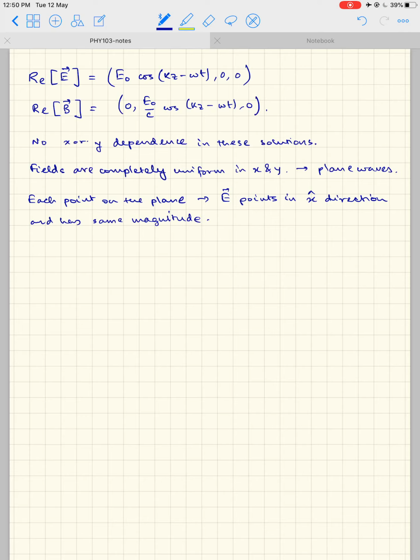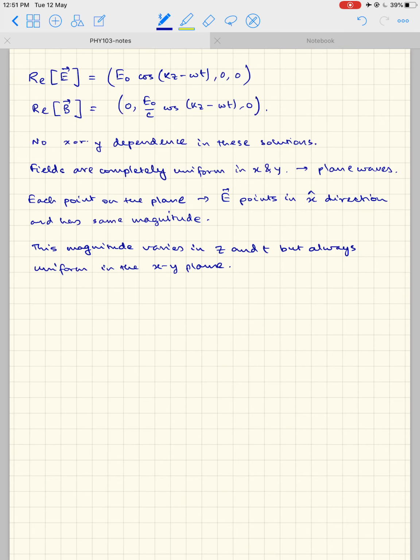This magnitude varies in z and t, but is always uniform in the xy plane. So this is what you have for plane polarized light.